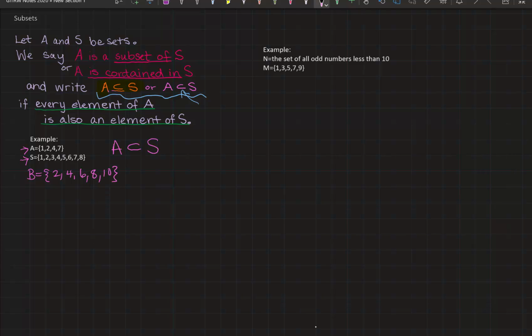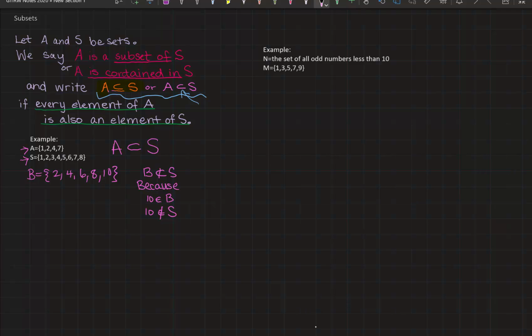Was that collection of elements. Then notice that B is not a subset of S, and the reason is because I have an element of B. 10 is an element of B, but 10 is not an element of S, and therefore B cannot be a subset. Some portion of it is not also in S.